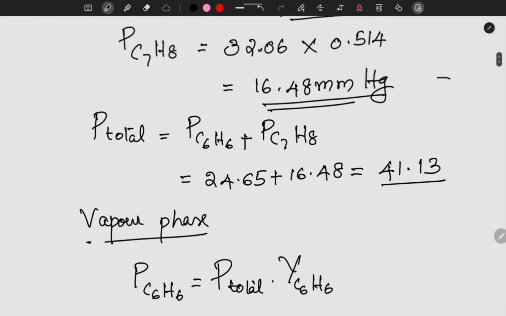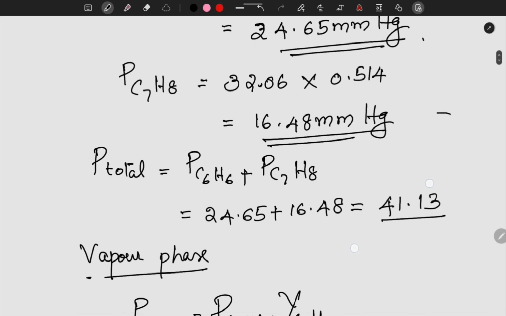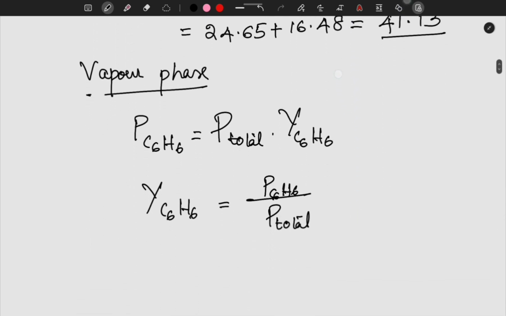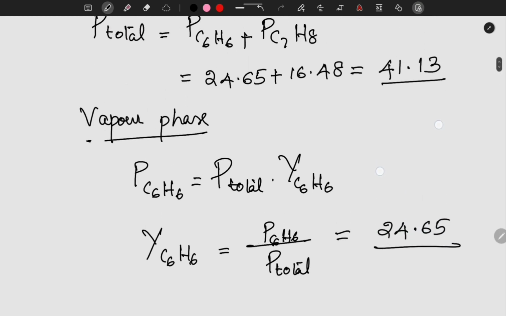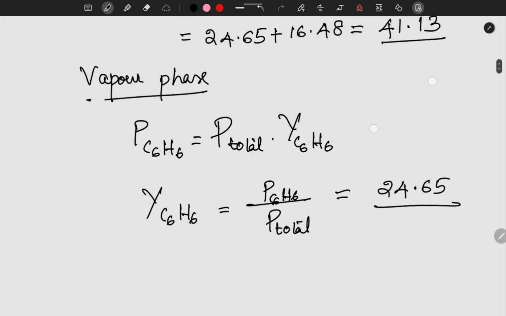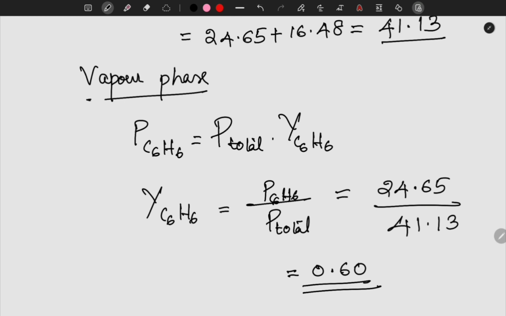So we got the partial pressure of benzene as 24.65 divided by 41.13. So when we simplify, we will get 0.60. This is the mole fraction of benzene in vapor phase.